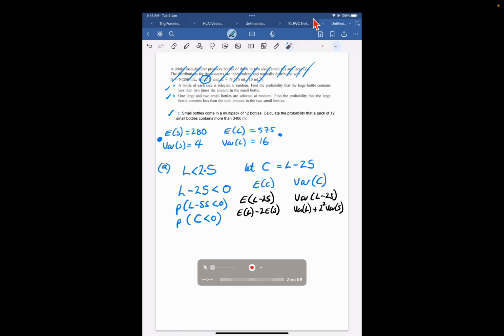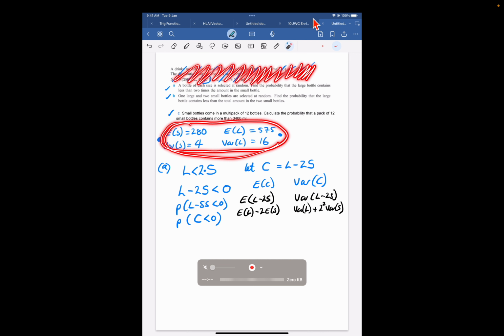So let's find the mean and the variance for C. This is where it's nice that we have all of our information in one place here. We're only looking here and we don't need to cast our eyes back up and get distracted.